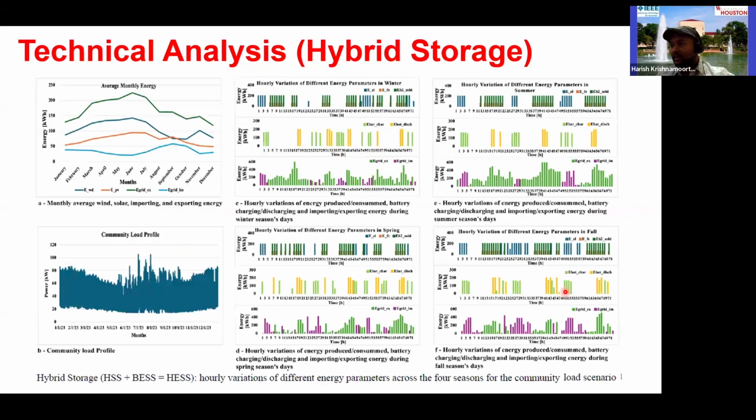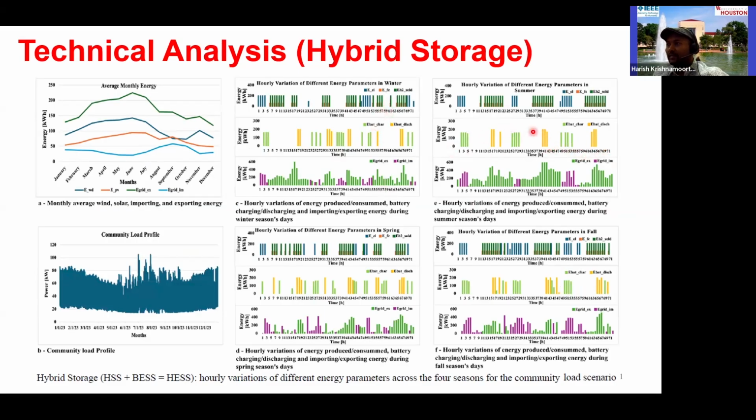So the final couple of charts, again, this is a very busy slide, but what it shows is how the battery charges and discharges over the day, depending on the price of electricity. Basically, this is the hybrid storage with hydrogen and the batteries. This is a 72-hour window.